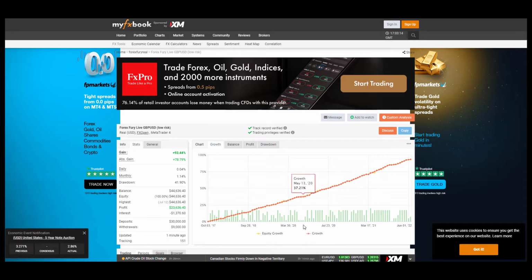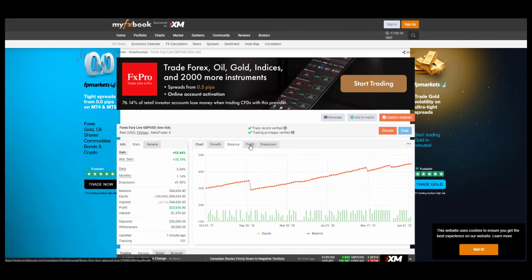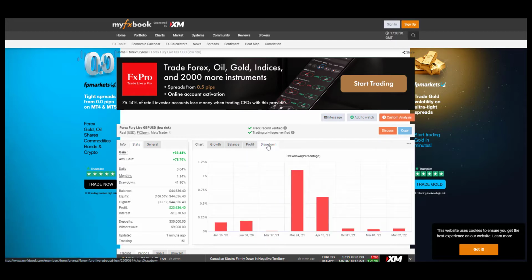And here we have this strategy we were talking about. We can see the growth, balance, profit, drawdown. You can see the stats down the side there. They've got a balance at the moment of 44,000. We can see deposits of 30,000, so made 14,000 on this, a gain of 93%, they say there.